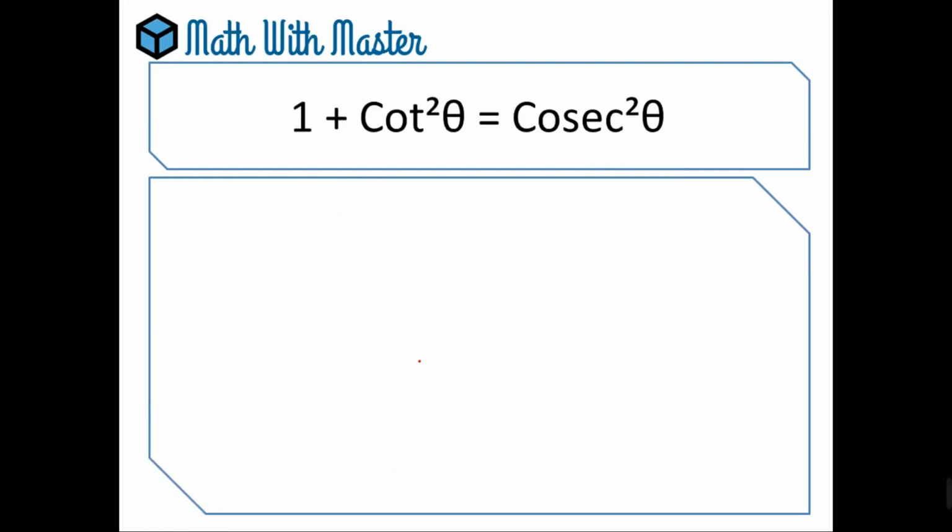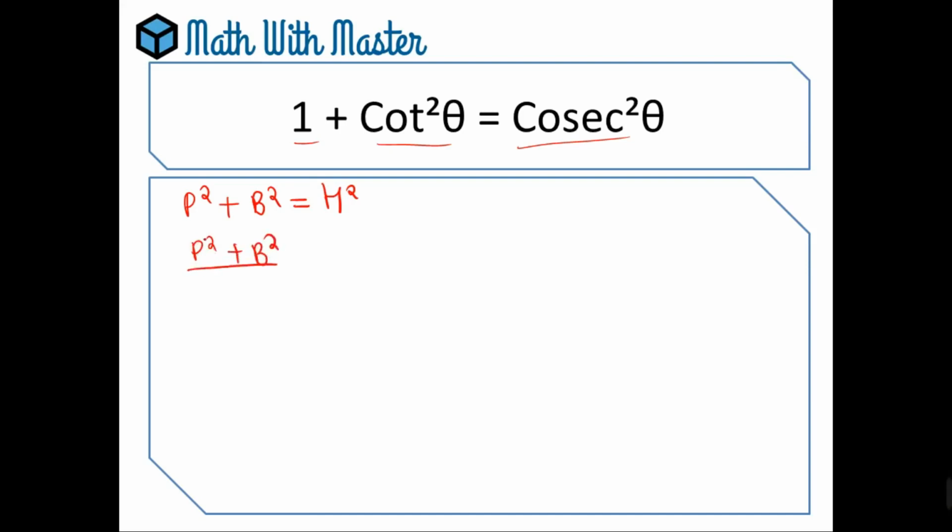Now we will derive our last and final formula, which is 1 plus cot² θ equals cosec² θ. Write our Pythagoras theorem: perpendicular squared plus base squared equals hypotenuse squared. Now divide both sides by perpendicular squared.